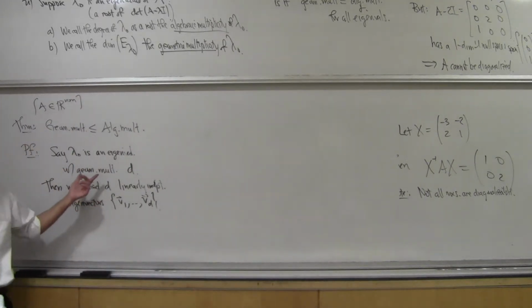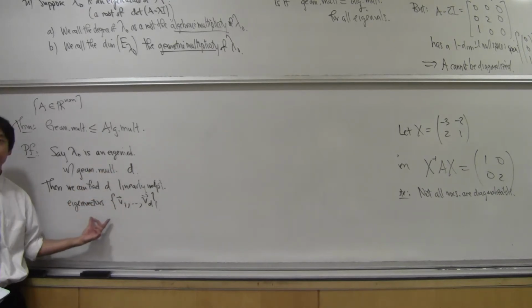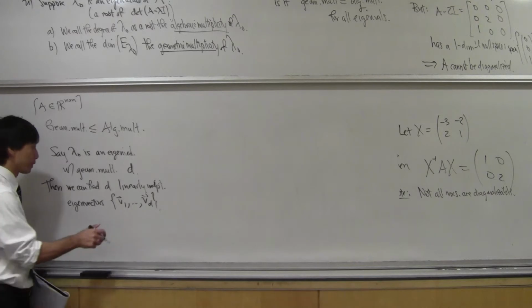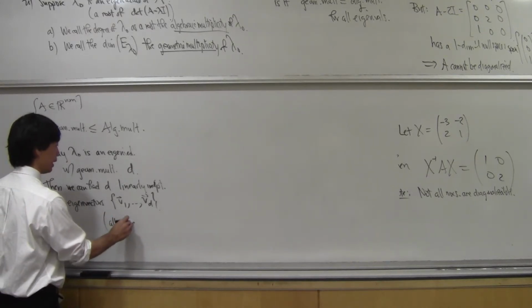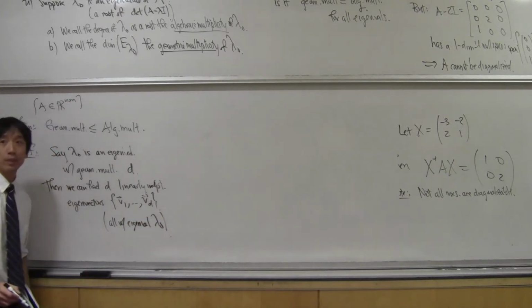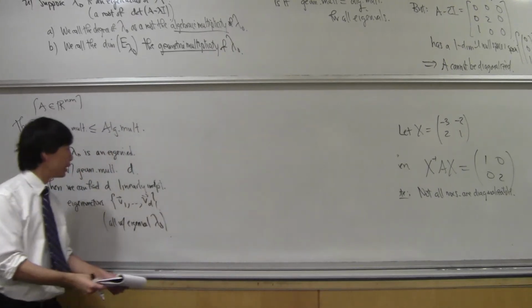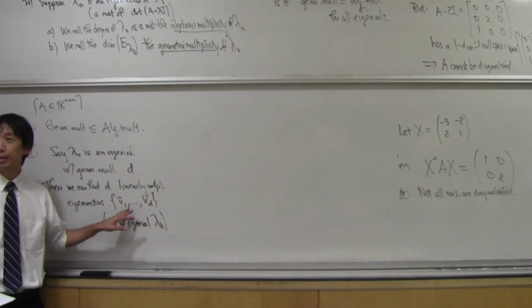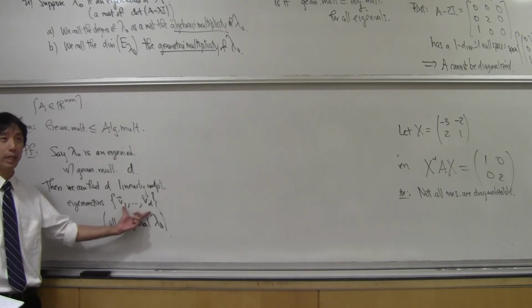We know that the eigenspace has d dimensions, so we can find d eigenvectors in that eigenspace, all with eigenvalue lambda naught. But we don't have an eigenvector basis, we just have these d eigenvectors.